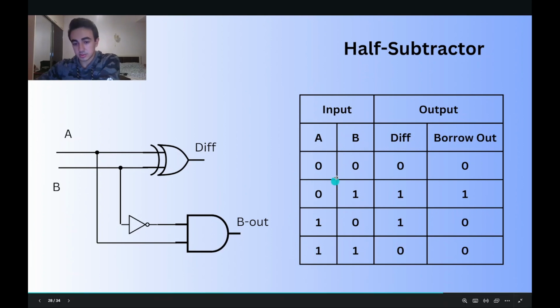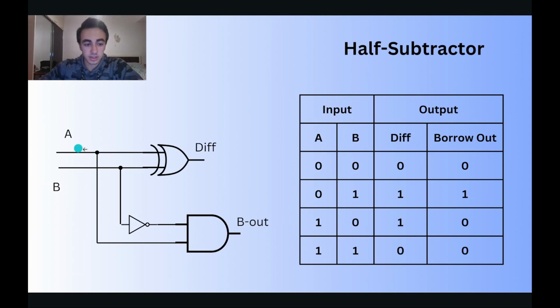The first input is the digit that is being subtracted from. So in this case, A is being subtracted from. So this wire should have come from A. So I made a mistake, but we can just dismiss it. So in this one we have A. This is B. We need to remember it.